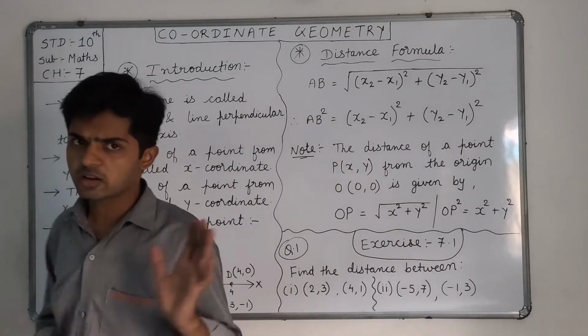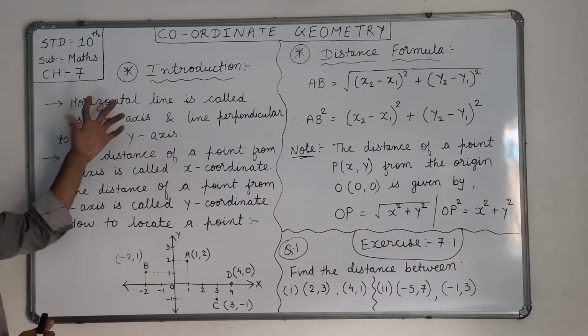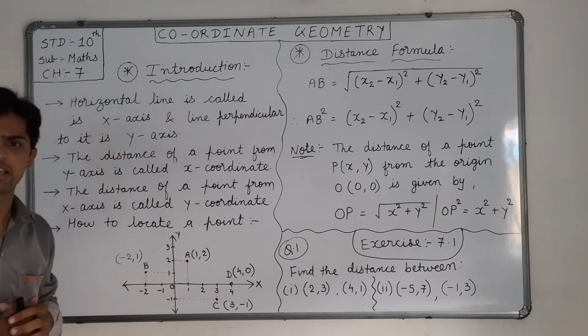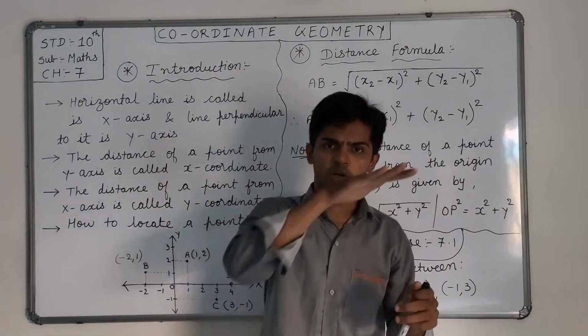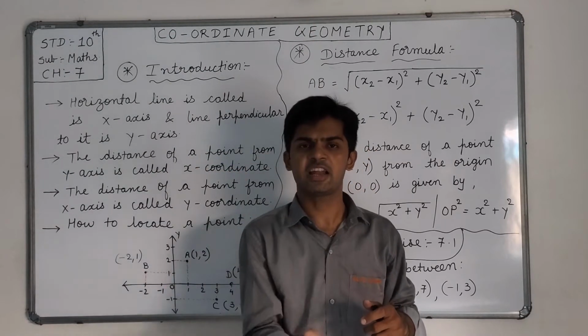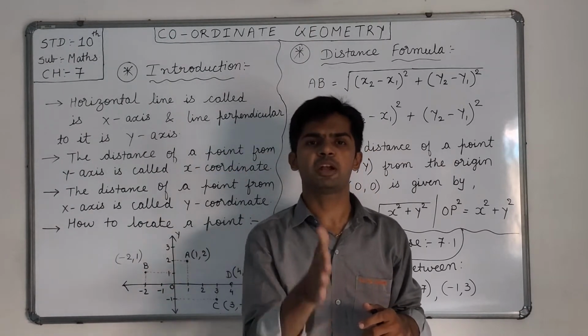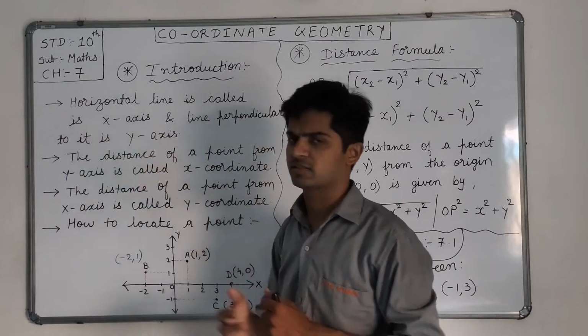So I have written here some points from 9th standard. The horizontal line is called the x-axis, right? In 9th standard we were making graphs. The horizontal, sleeping line is called the x-axis, and the standing line, it means the perpendicular or vertical line, is called the y-axis.